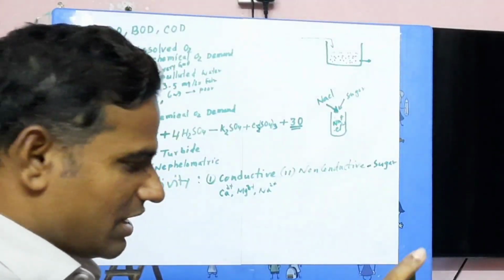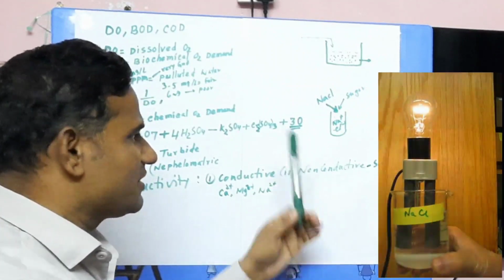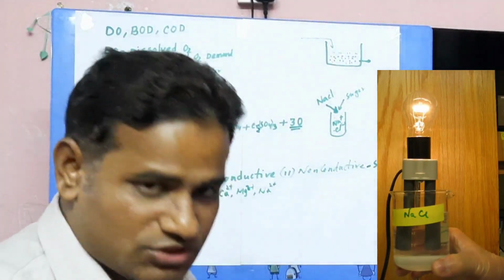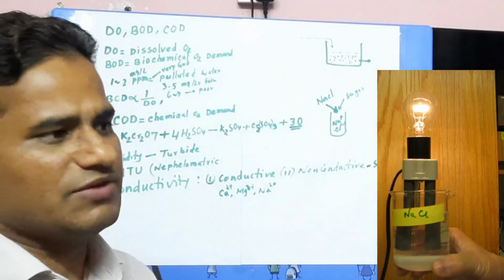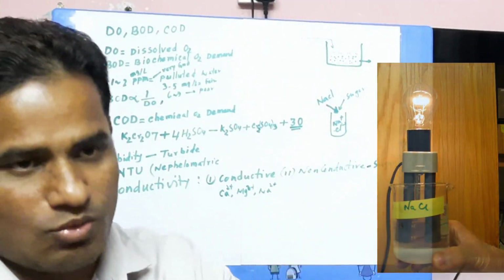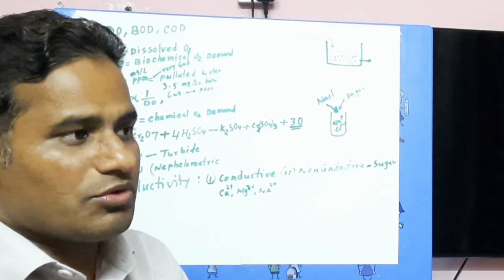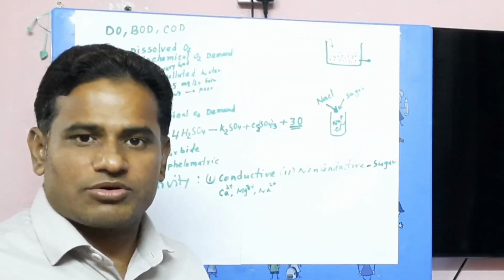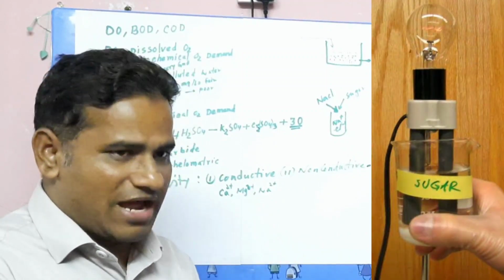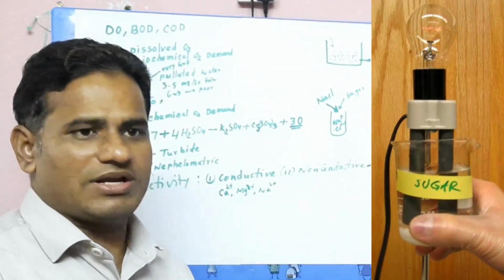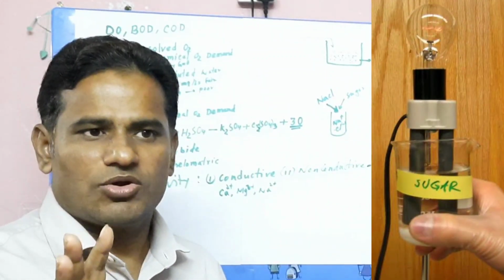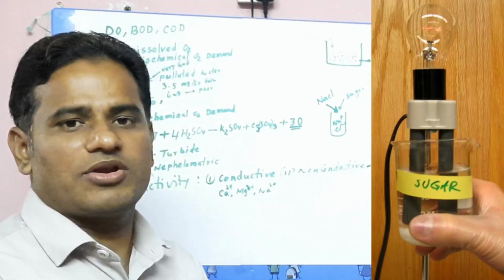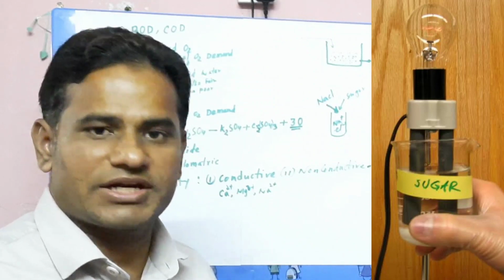If you connect a bulb, that time this bulb will light. Think of 1 glass of demineralized water and you put 1 cup of sugar. In this water, electrons are not available. If you connect a light to this water, the light will not turn on because there are no electrons.